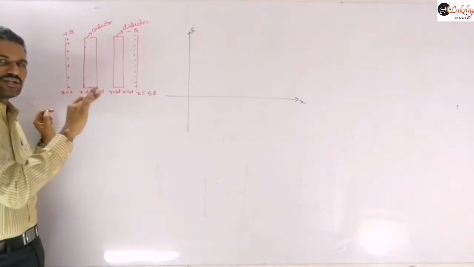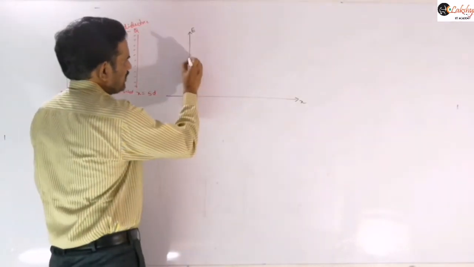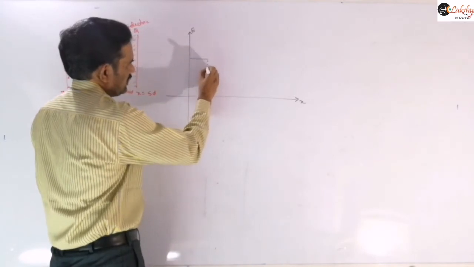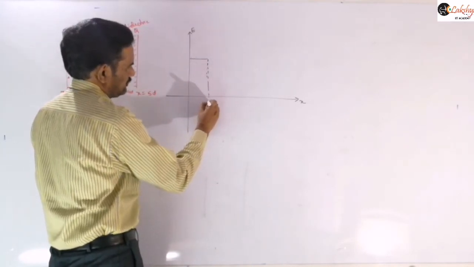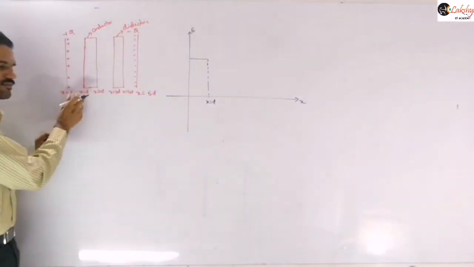So I can represent this as a constant value until x equals d. That is the variation in the first step.